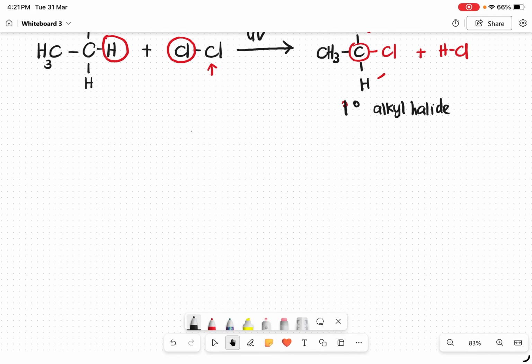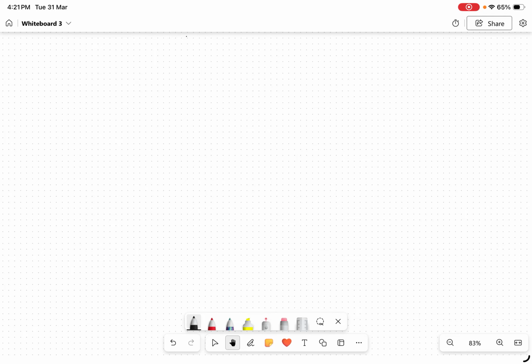Now moving on to the next one, hydrohalogenation. For hydrohalogenation, the starting material is alkene.